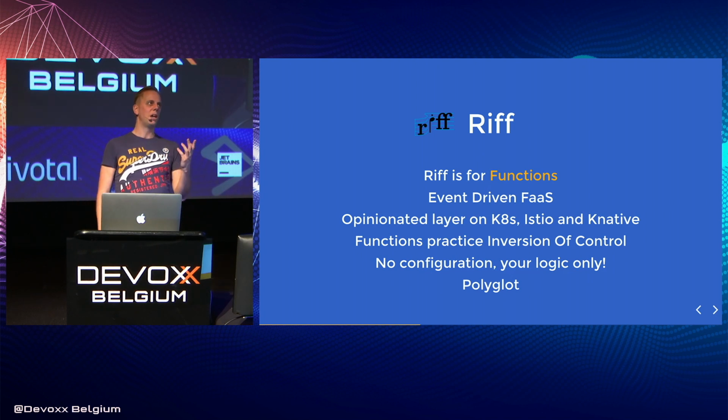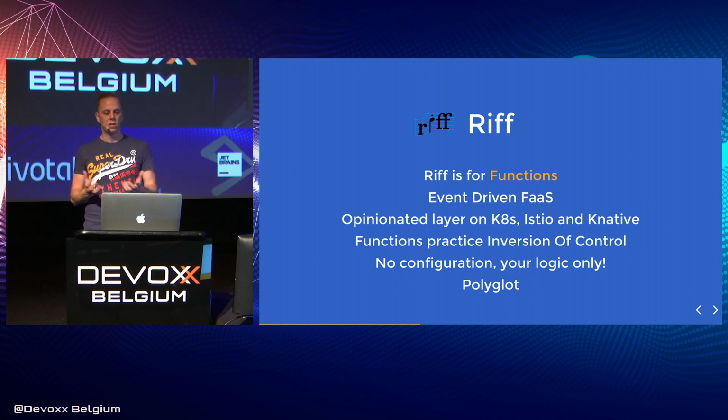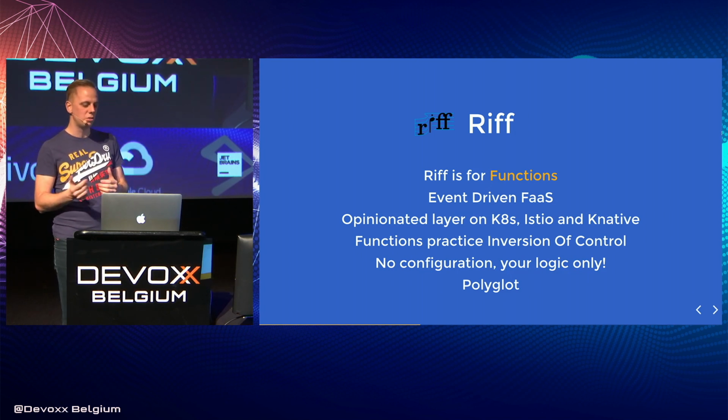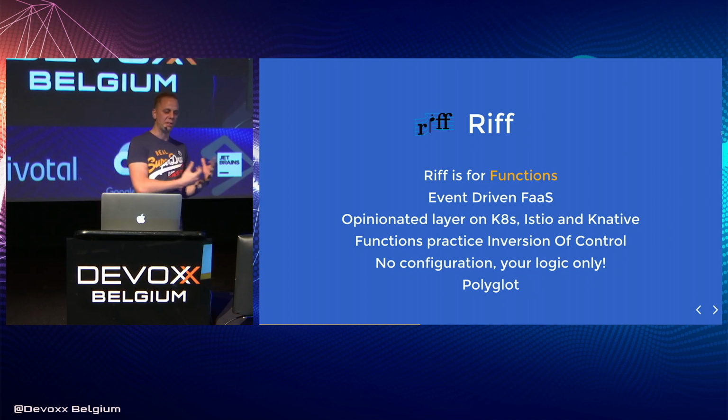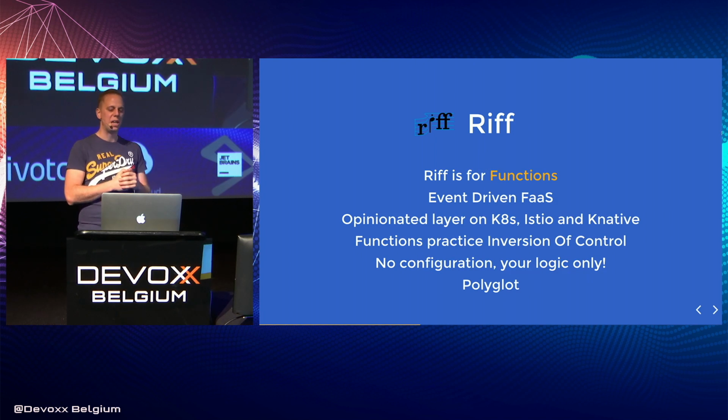But since July or August, Google announced Knative, which does those parts as well. They worked really hard together during this year. And basically, Knative is taking over the build part and the eventing part. And Riff is mainly focusing on creating a really good CLI for creating all these primitives.